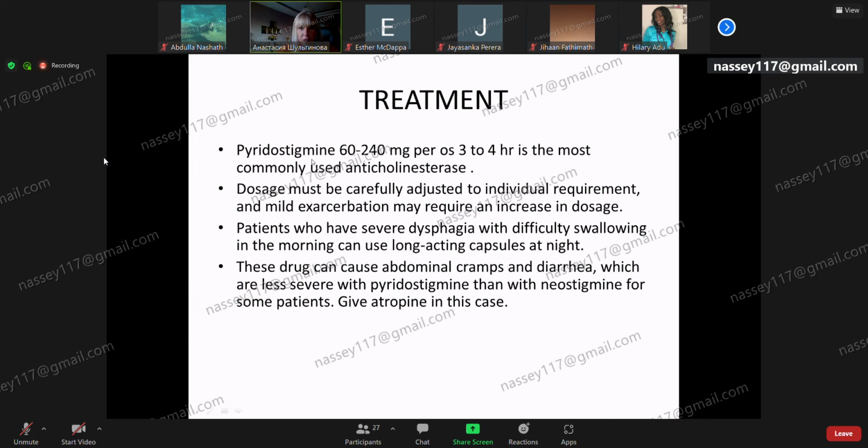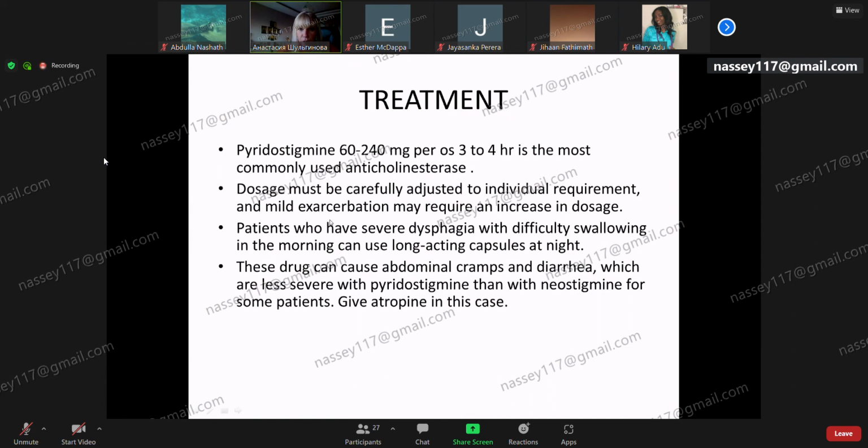Pyridostigmine is an anticholinesterase drug. Dose 60 to 140 milligrams, this is the maximum, every 3 to 4 hours. It is the most commonly used anticholinesterase drug. The dose must be carefully adjusted to individual requirement.